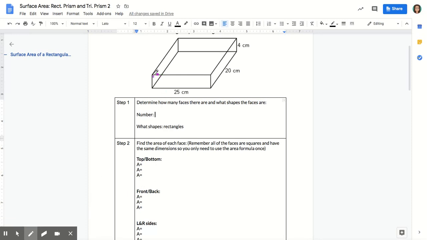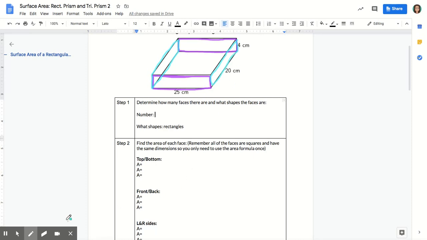So we have our front face here, and this has an equal face in the back. So the front and back face are the same size. So we have our front and back face, so that's 2 faces. Then we have our left and right face, which would be here, and here.